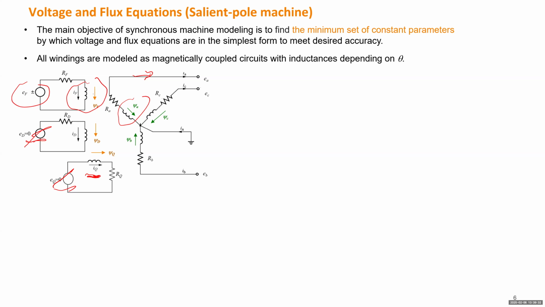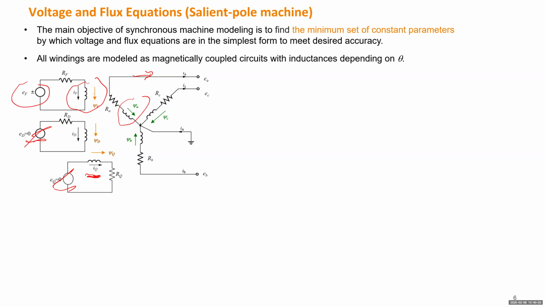Because if this flux linkage increases, the current will increase, generating current going outside of terminal A in this case. So that's what I assume, because any winding in the rotor will be the load of that circuit, and any stator winding will be the source of that circuit. So the current for the stator winding will be opposite to the positive direction of flux linkage.